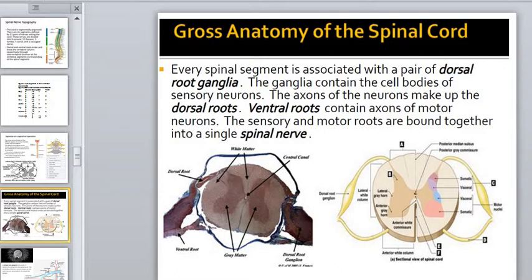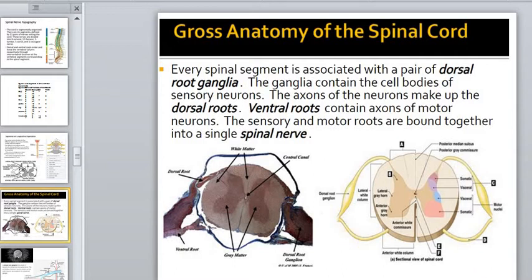It emerges directly from the spinal cord and travels to the dorsal root ganglion. This part here, and on this picture in yellow color. The nerve fiber combines with the ventral root to form a spinal nerve. All roots together combine and form one nerve.